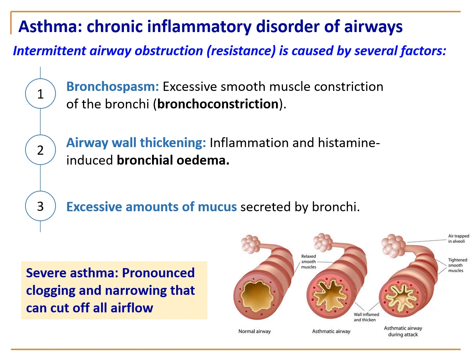Then during an asthmatic attack itself, on the far right, you can see the tightened smooth muscles. So you get bronchoconstriction, closing off that airway even more, with increased secretion of mucus from the goblet cells and increased inflammation. That's when you start to get air trapped in the alveoli, so you can't get rid of that air.